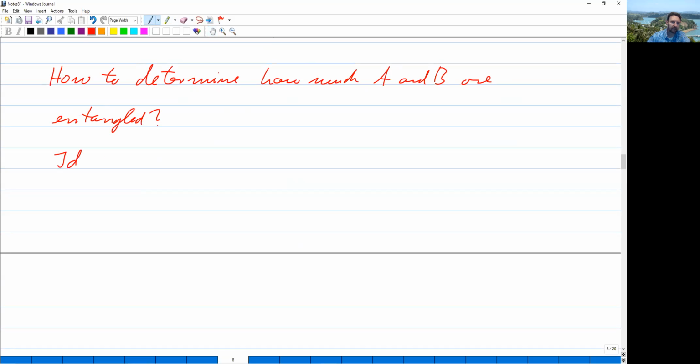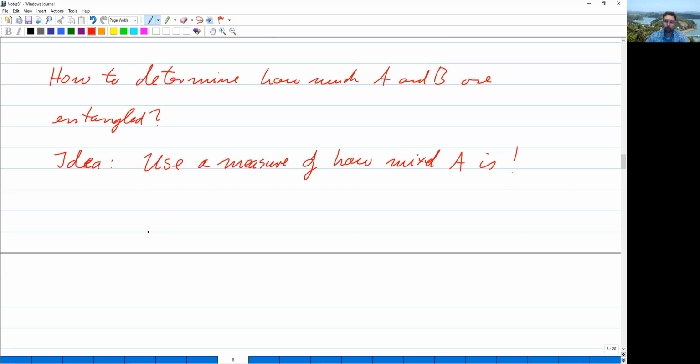Now the idea is to use a measure of how mixed A is.